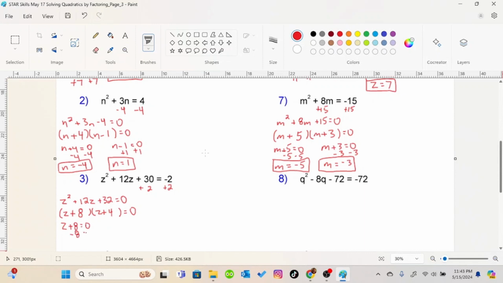We'll subtract 8 from both sides, and we'll get our first answer, z equals -8. Then we'll take the second factor, z plus 4, set it equal to 0, subtract 4 from both sides, and z equals -4.